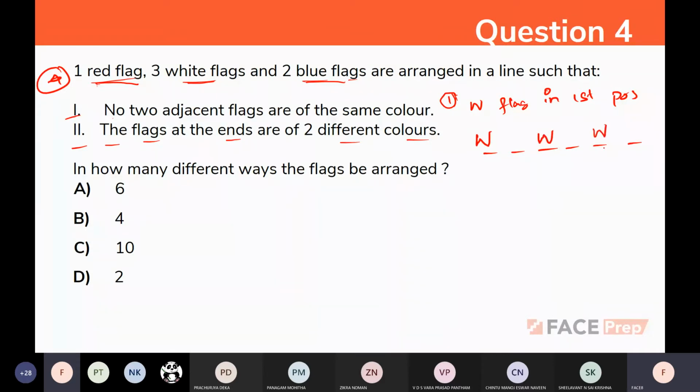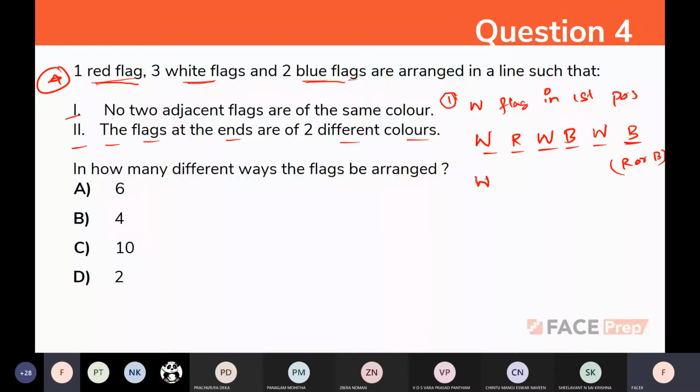There won't be place for remaining white flags. Okay, so the last place should be occupied with red or blue. Okay, we can place any of that. If you are placing B means another B will be here, another R will be here. So there will be some other arrangements maybe.